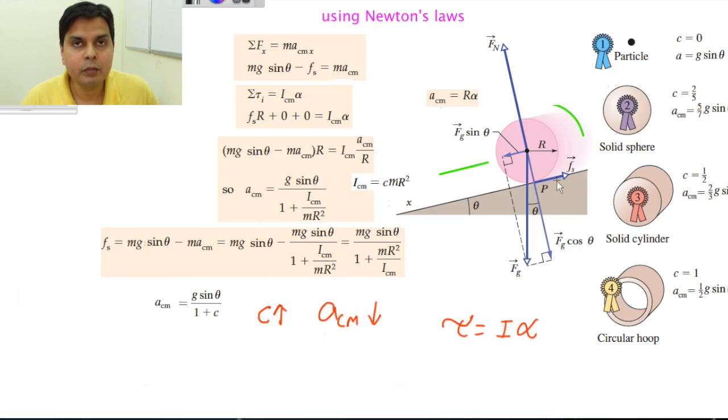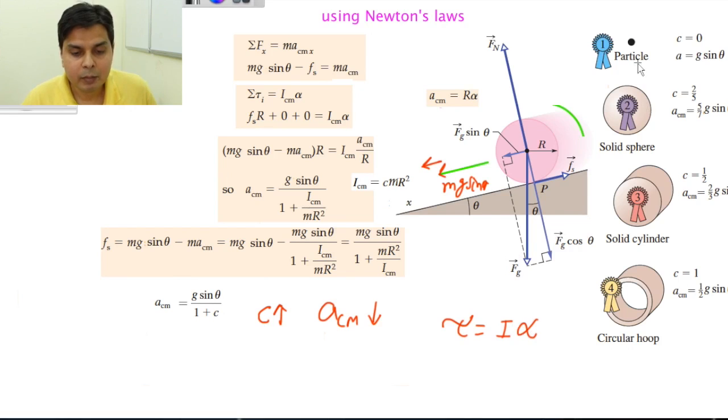But what is the price it will have to pay? As this Fs increases, what is this Fs doing? This Fs is basically countering this force mg sin theta, because your acceleration is in this direction and this friction is in the opposite direction. So for this large I, the torque due to friction has to provide the same alpha, and that alpha has to be the same because this A is equal to alpha r, as we have assumed that there is no slipping.